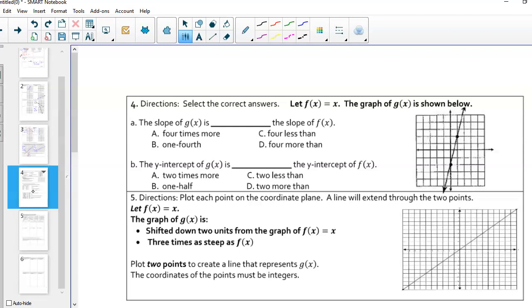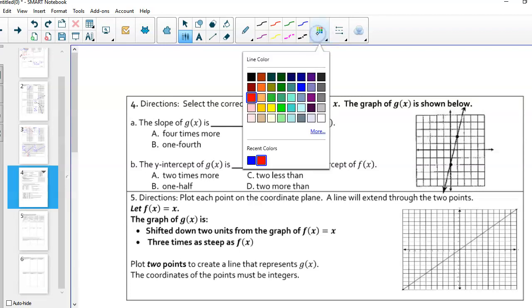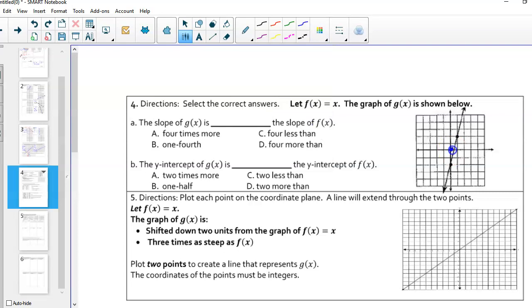So now 4 is comparing your original, so I'm going to draw that on here. Your original is this graph right here. You don't have to graph this, but you can if it helps.